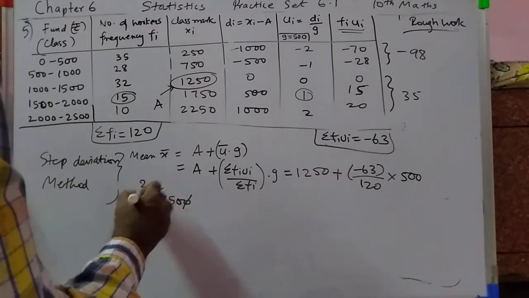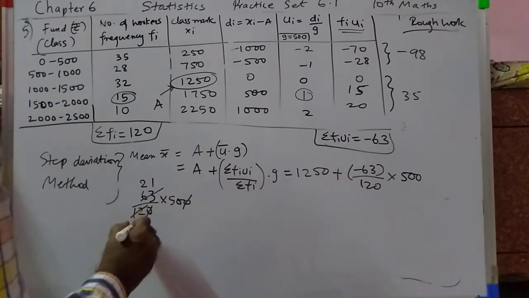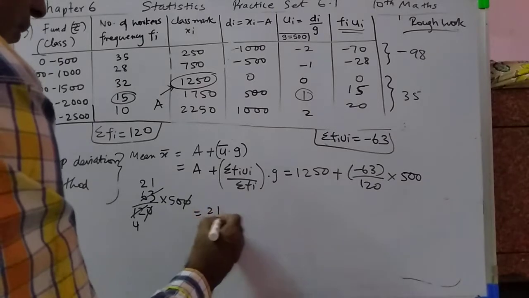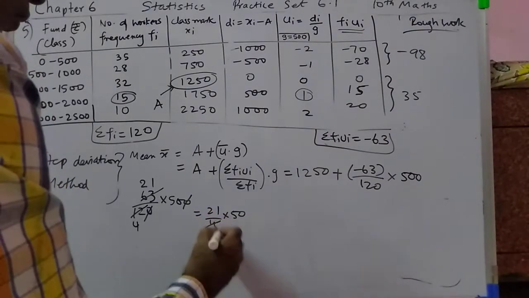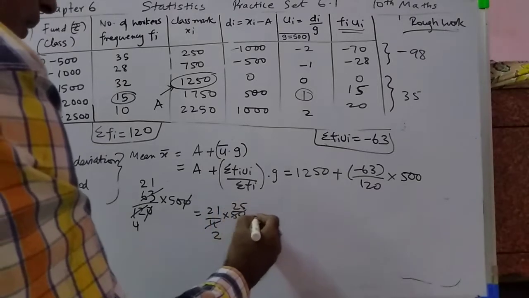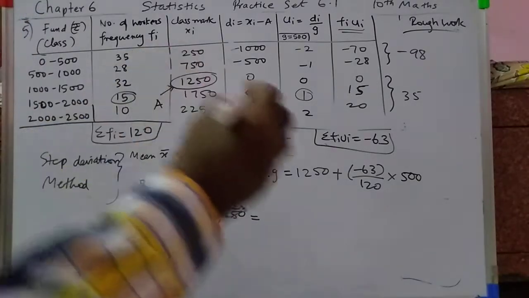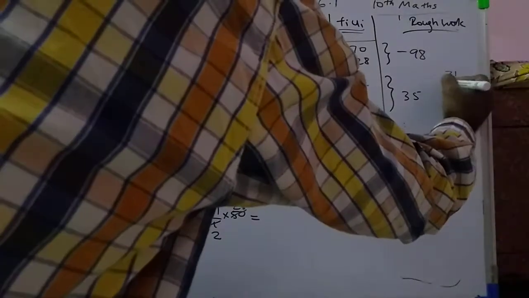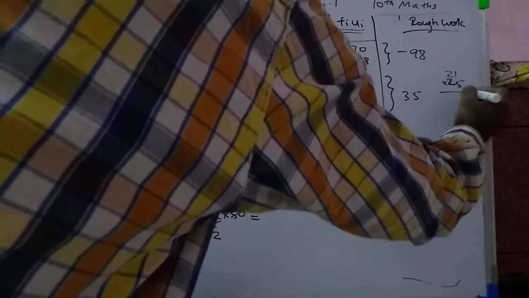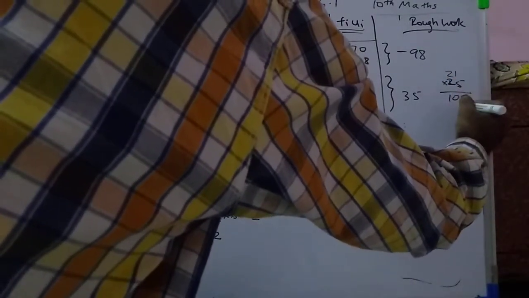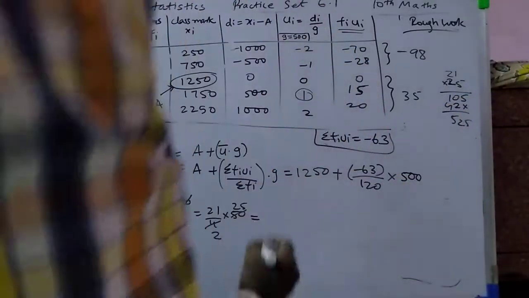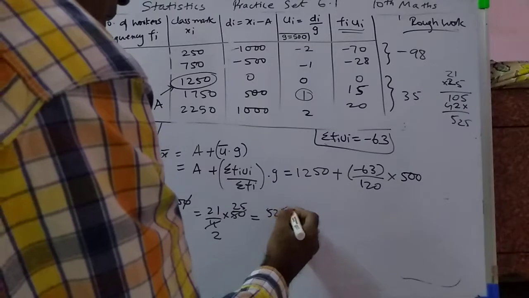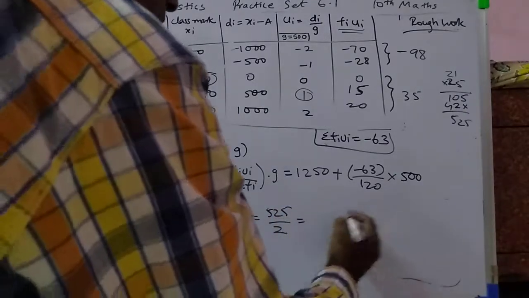It will go in the 3 table. That will become 21 upon 4 into 50. Okay, it will go in 225. So that is 21 into 25. So that will become 525 upon 2. That we will do here.